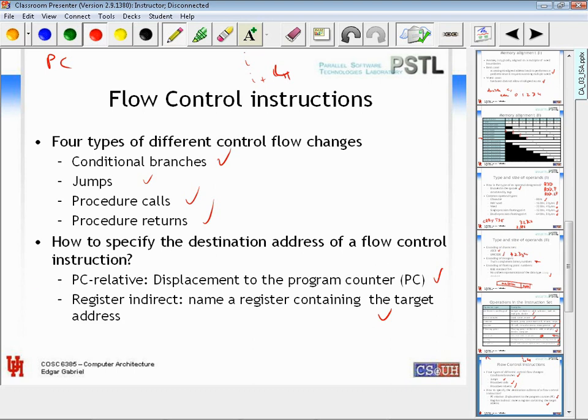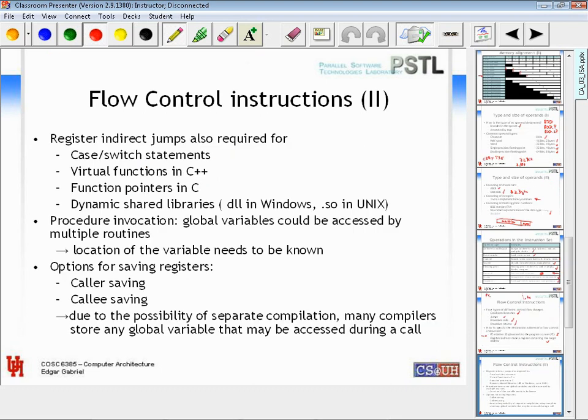PC relative could be a little faster because you do not have to first read or load another register in order to see where to continue execution. Register indirect is a little more flexible.